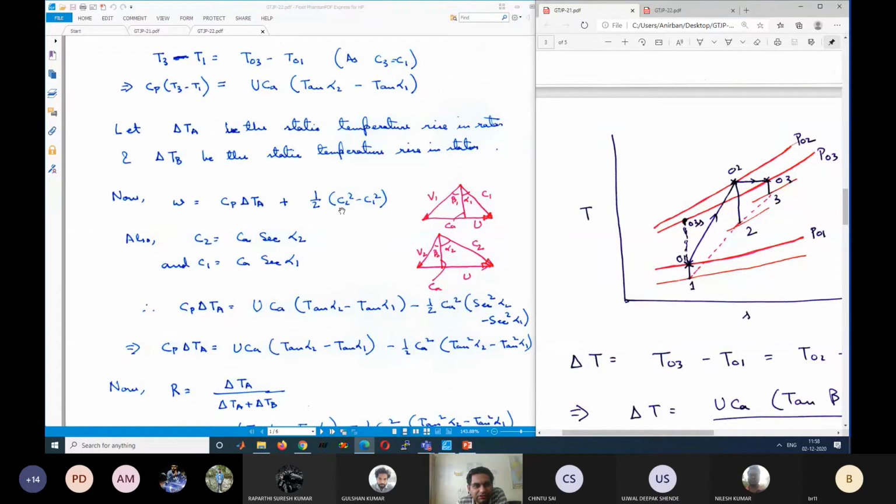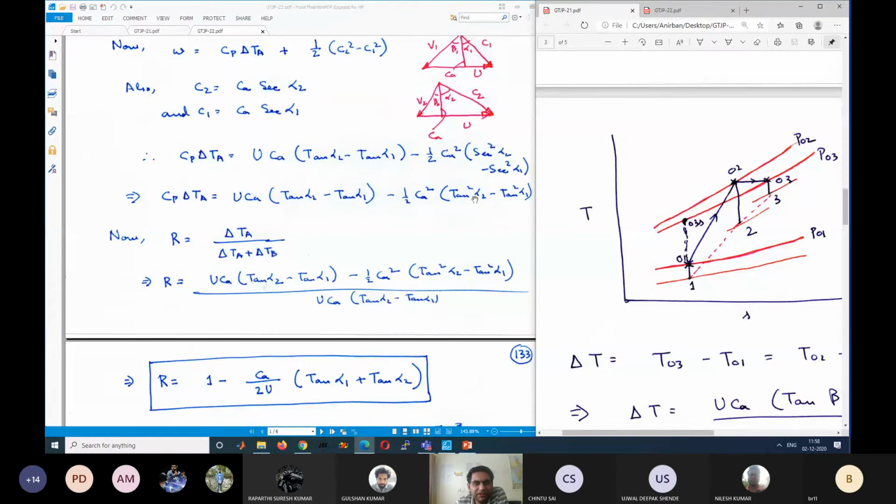So what is half C2 square minus C1 square? With C2 as Ca sec alpha 2 and C1 as Ca sec alpha 1, it becomes half Ca square, taking Ca square common, sec square alpha 2 minus sec square alpha 1. There is a reason for writing this: we want to write everything in terms of tan alpha 2 and tan alpha 1 to ease the calculation.